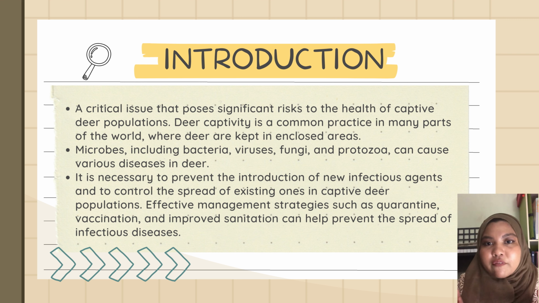The presence of these microbes can lead to significant economic losses due to animal mortality, reduced productivity, and the cost of implementing control measures. It is necessary to prevent the introduction of new infectious agents and to control the spread of existing ones in captive deer populations.